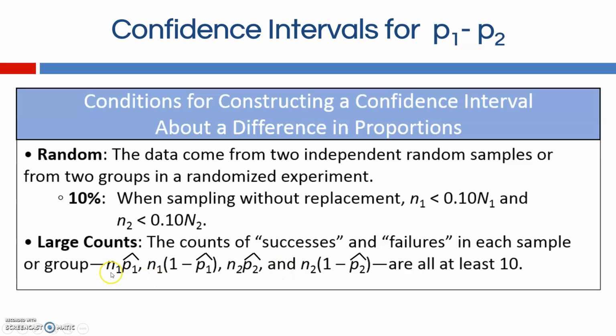So here it's n sub 1 times p hat sub 1, and also n sub 1 times 1 minus p hat sub 1. So everything you learned in chapter 9, we're extending it now to two different proportions. All right, and these still have to be at least 10, greater than or equal to 10.